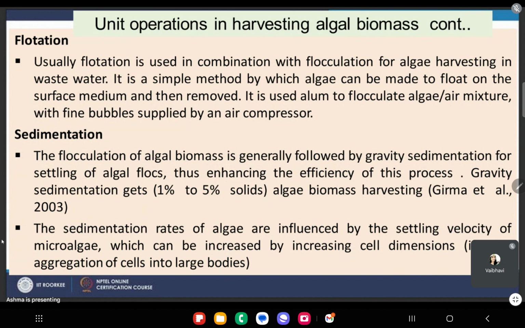Since gravity settling is used, sedimentation of algae is influenced by the settling velocity of the microalgae. And the settling velocity is proportional to the cell dimension. So we can increase the settling velocity by increasing the cell dimension.